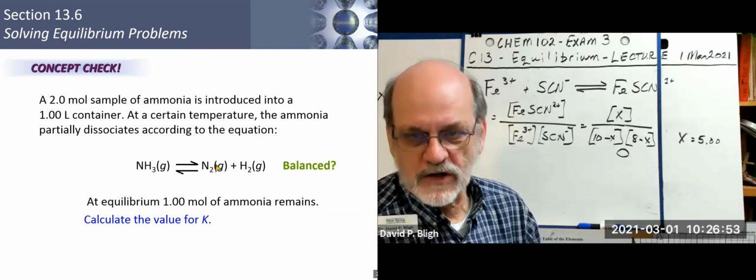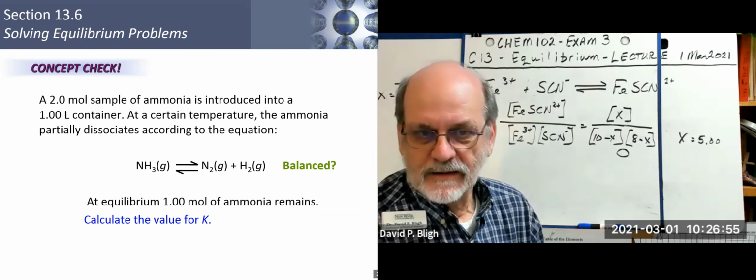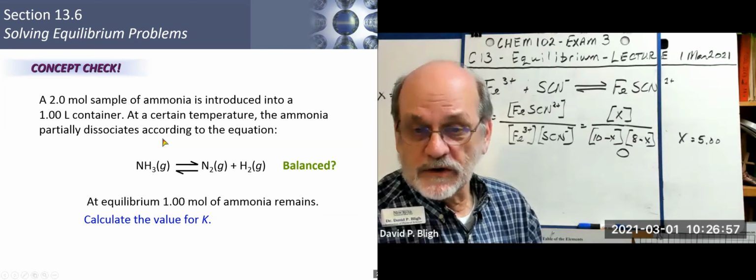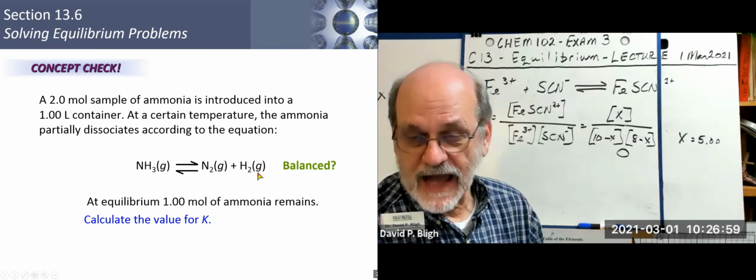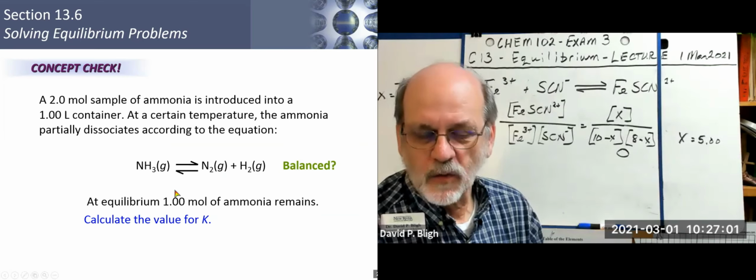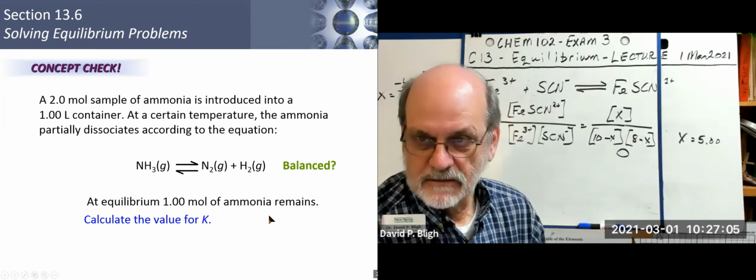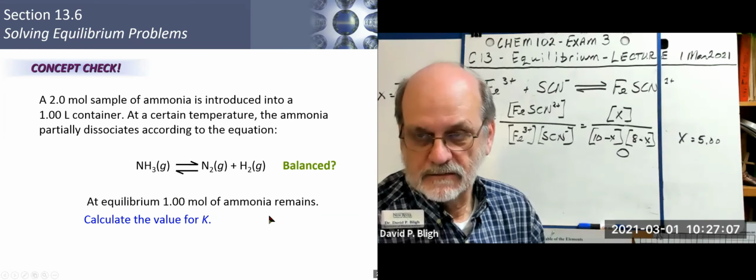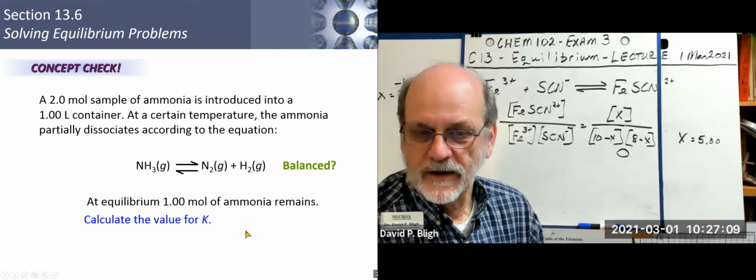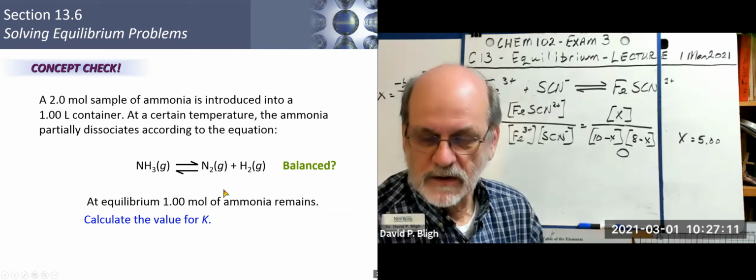Right? We just flip the equation. So ammonia will dissociate into nitrogen and hydrogen gases. At equilibrium, 1 mole of ammonia remains. So we've used up half of it. Right? We've gone from 2 to 1. So now the concentration is 1 molar. We went from 2 molar to 1 molar. Calculate the value of K.